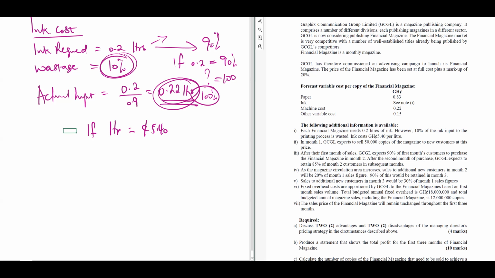So we are saying 1 liter gave us 5.40. Then the 0.22 liters that we need will cost how much? It will be less, so we multiply. We end up with what?